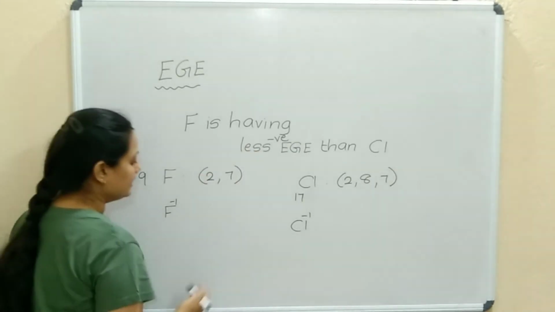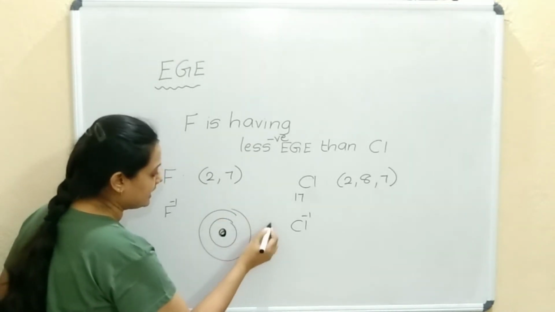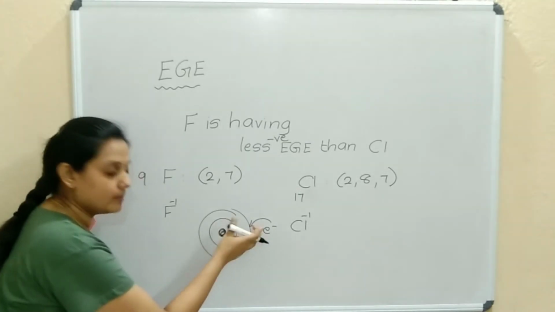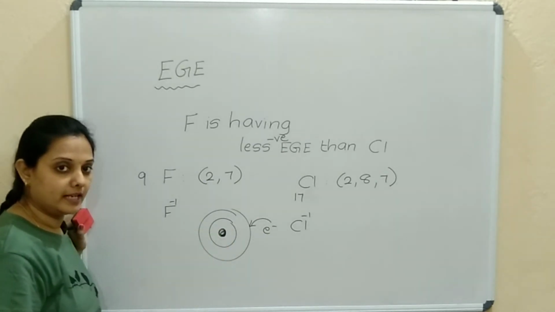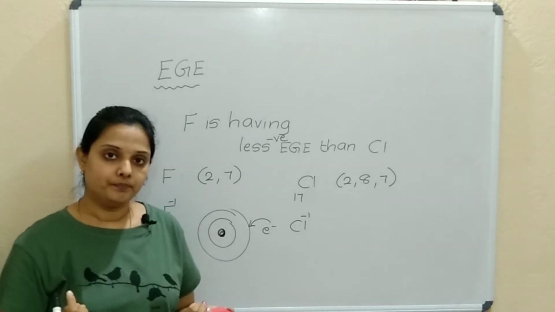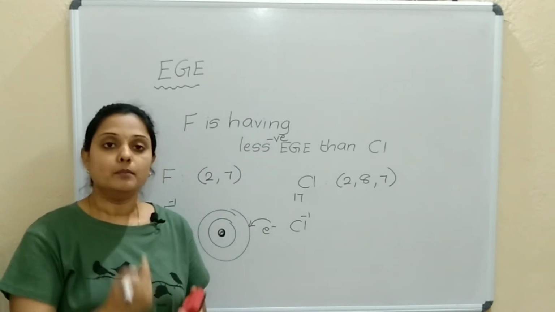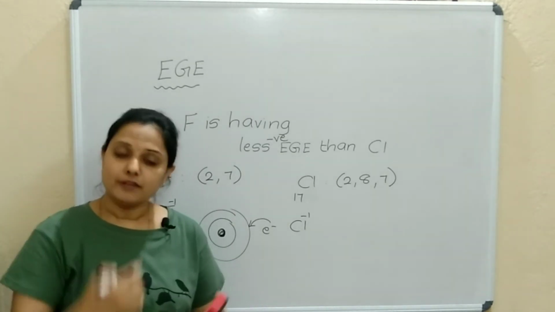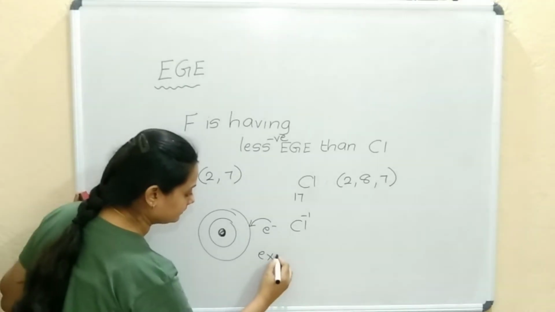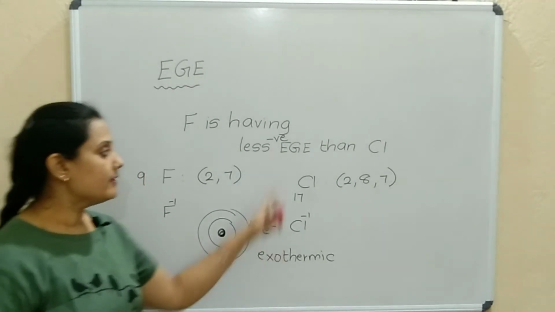Moreover, suppose this is a nucleus, and shells are there. When an electron is added, there will be a force of attraction by the nucleus. If that attraction or bond formation happens, heat will be released. If heat is released, it is an exothermic reaction, and exothermic means it will have a negative sign.